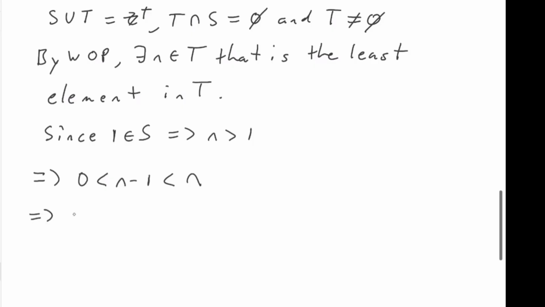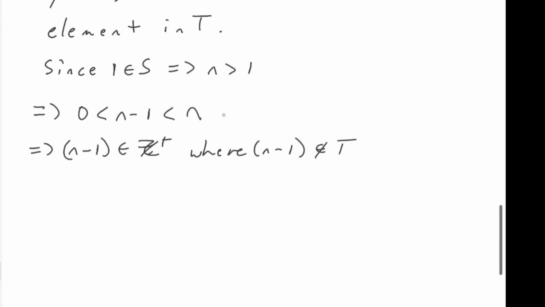So this implies that n minus 1 is an element of the set of positive integers, and n minus 1 is not an element of T, because n is the least element of T, so n minus 1 can't be an element of T, right? So if n minus 1 is not in T, the only other place it can be is S, right? So this implies n minus 1 is an element of S.